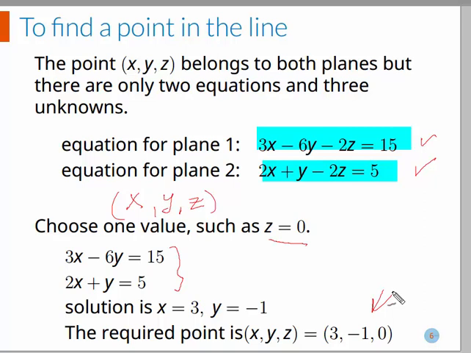Now it doesn't matter what point you pick, because the parameterization will look a little bit different. As long as it lies in both planes, then it lies along that line. So the parameterization is different, meaning that it looks different, but as t varies from -infinity to +infinity, every point on the line is traced out.